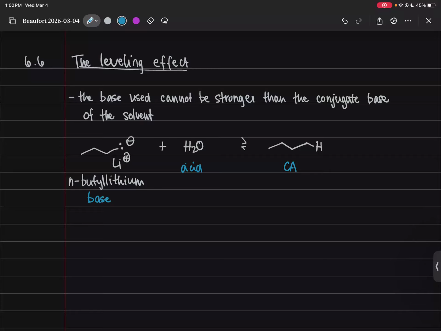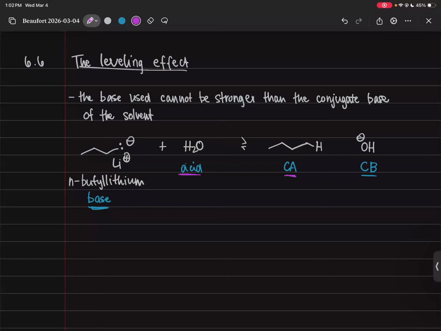We accept a proton from the acid, and the acid becomes hydroxide, which is our conjugate base. So the rule is that the base used cannot be stronger than the conjugate base of the solvent. We're talking about bases here, so we're going to compare the base and the conjugate base, or we can compare the acid and the conjugate acid. Essentially, we just need to look at this equilibrium here.